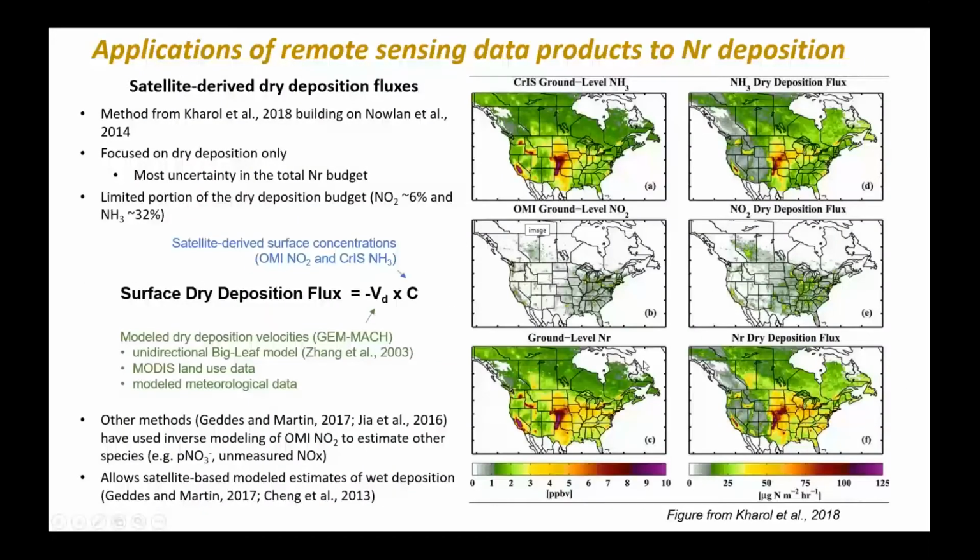Now, using satellite data directly to calculate reactive nitrogen deposition, and we're only focused here on dry deposition. So this is the study from Carroll et al. in 2018. What they did is they used satellite OMI NO2 and CrIS ammonia. So that represents at least a portion of the oxidized nitrogen and the reduced nitrogen budget.